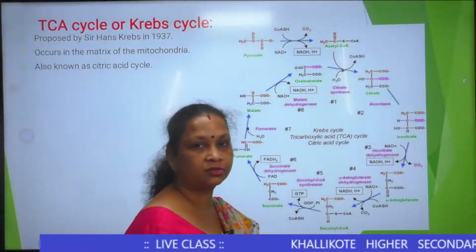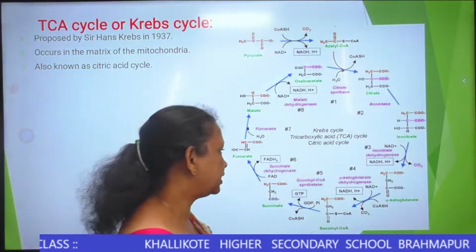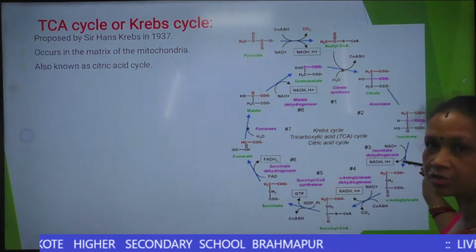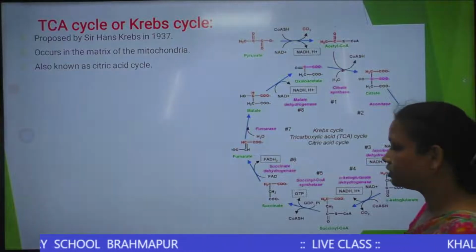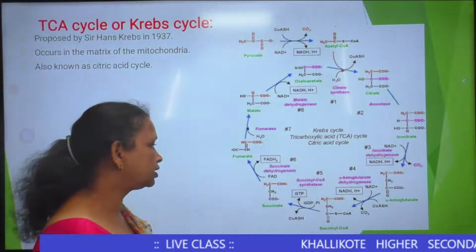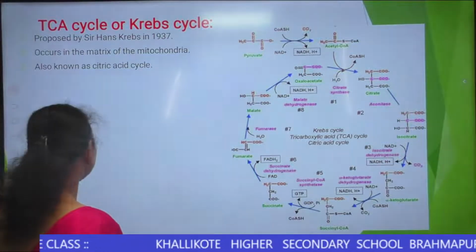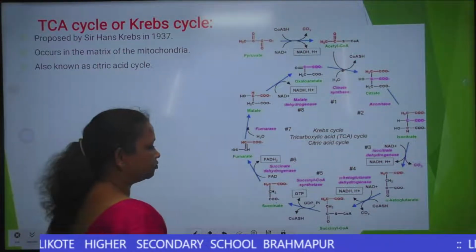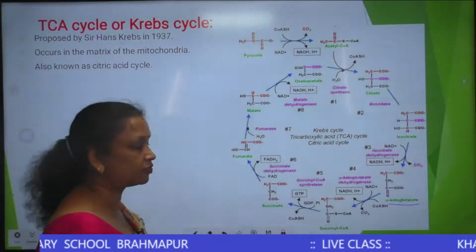This pair of hydrogen is accepted by NAD plus to become NADH and H plus. The oxidative decarboxylation process here then results in the formation of the 5-carbon compound alpha ketoglutarate. So, alpha ketoglutarate is formed.